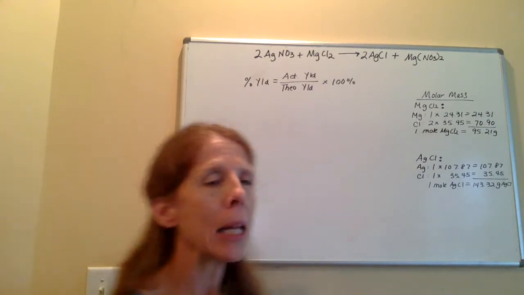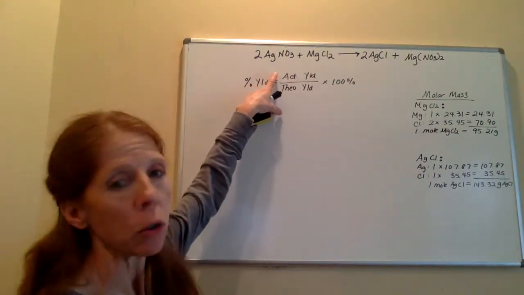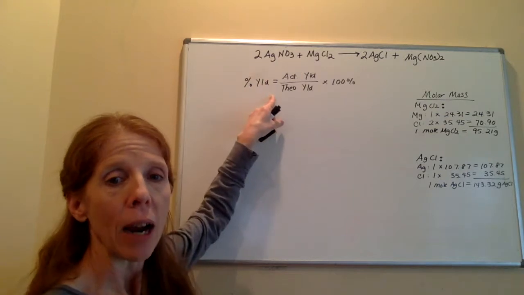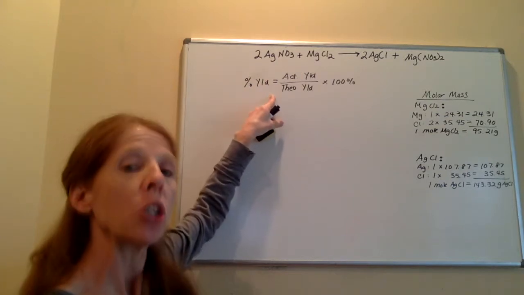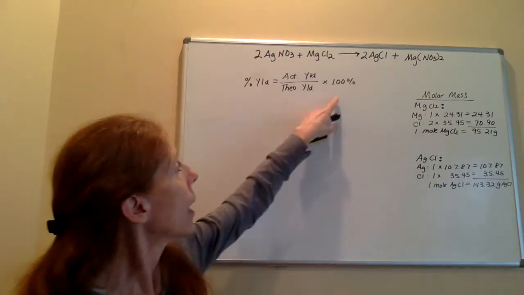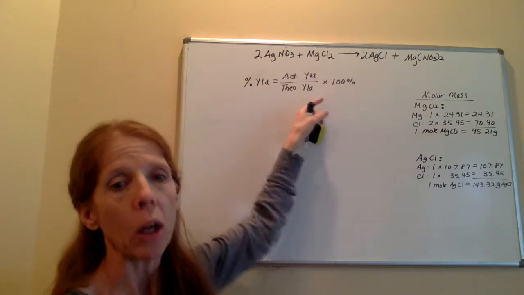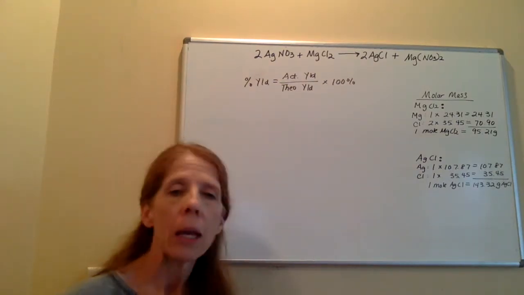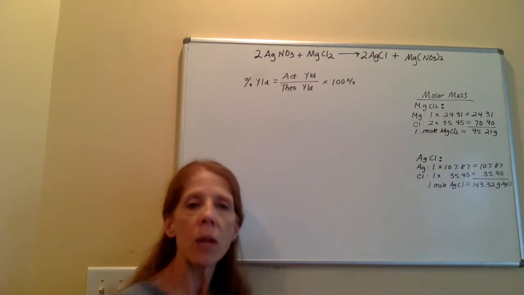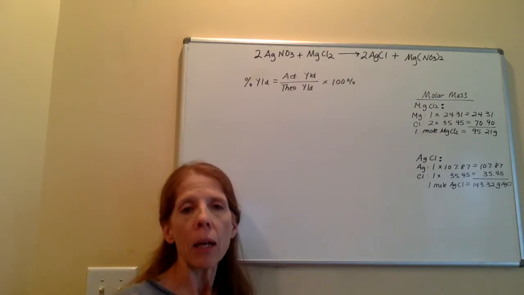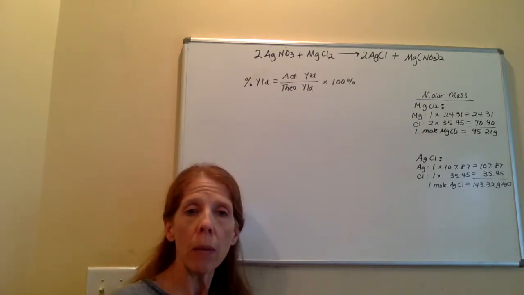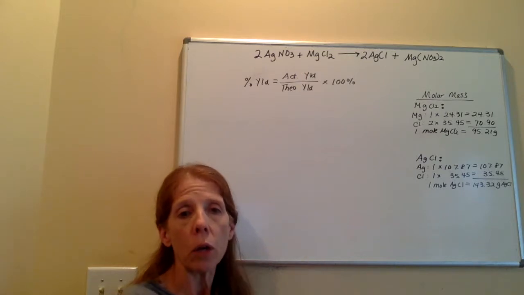So by taking the actual amount that we have yielded in a chemical reaction and dividing it by the amount we should have yielded and multiplying it by 100%, that's what we call our percent yield. Now, when we do stoichiometry, what we did in chapter 7, would that be the actual yield or the theoretical yield?